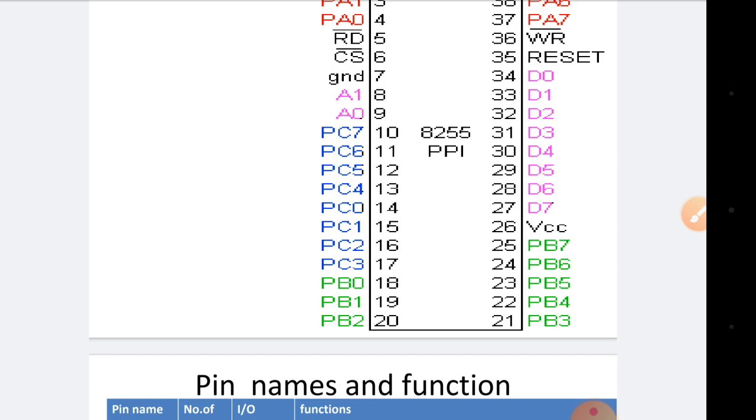Pin number 14 is PC0, pin number 15 is PC1, and then PC2 and PC3. In reverse order, pin number 13 is PC4, pin number 12 is PC5, pin number 11 is PC6, and pin number 10 is PC7.